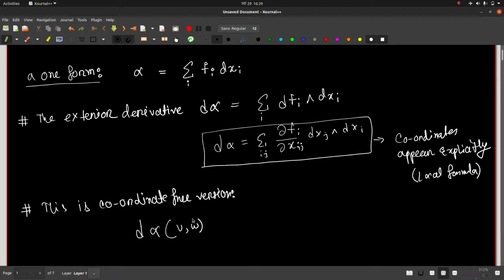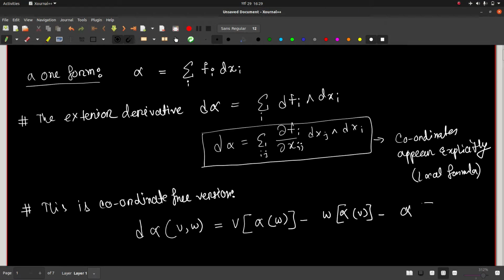These are just two vector fields, v and w, and this is written as v acting on alpha of w, minus w acting on alpha of v, minus alpha acting on the commutator of v and w, like this. And we already know how a form acts on a vector field, right?